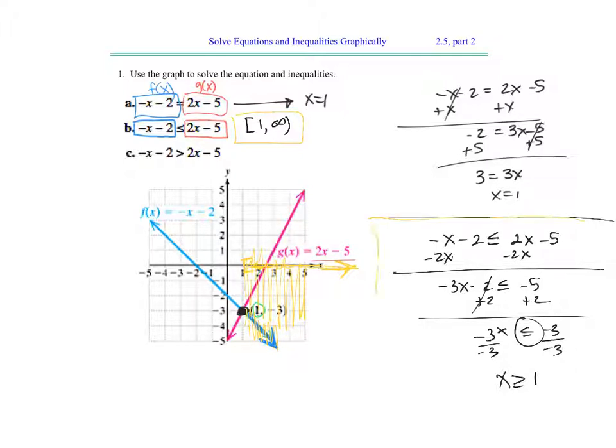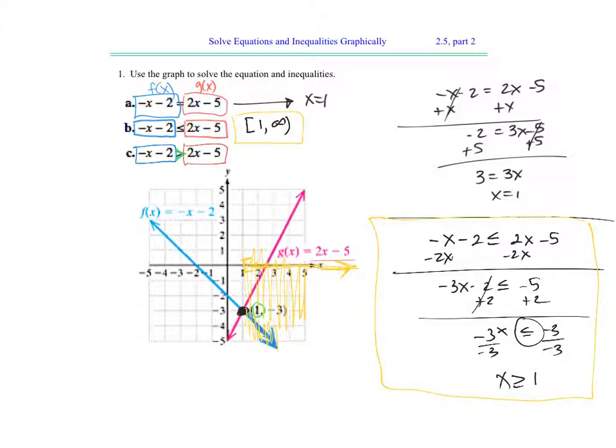So there's our first inequality, and now part C. When is negative x minus 2 up above, because of this greater than, we want it up above the 2x minus 5 line.